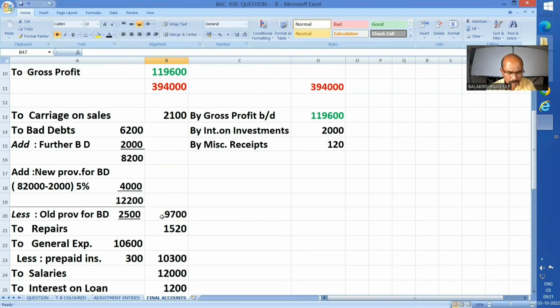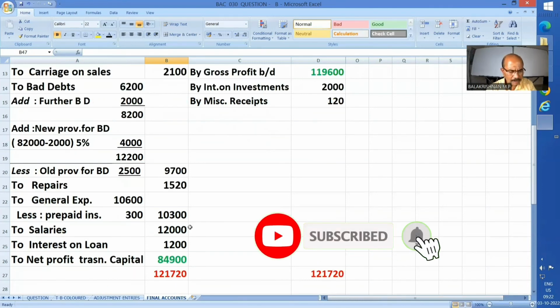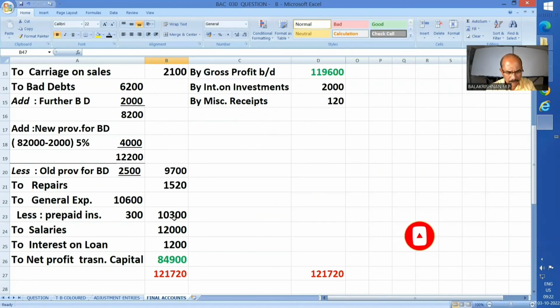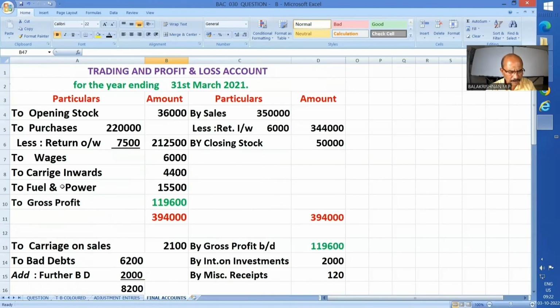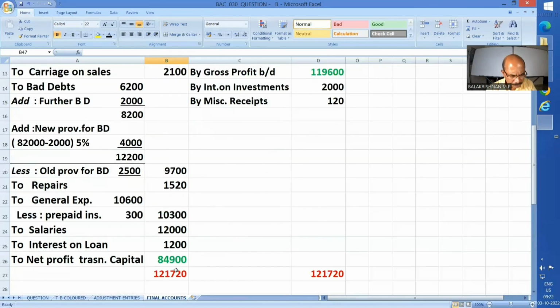So that I reduced, and this 9,700 is the amount I should show in the outer column. Repairs okay. General expense, you know, the prepaid part, 300 rupees I'm reducing and I'm showing 10,300. Salary is okay because it's 2/3. Obviously, 1/3 I have taken here, right?